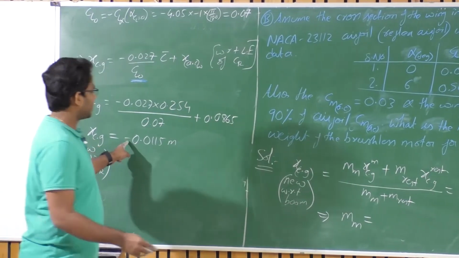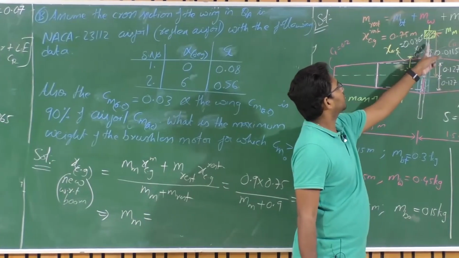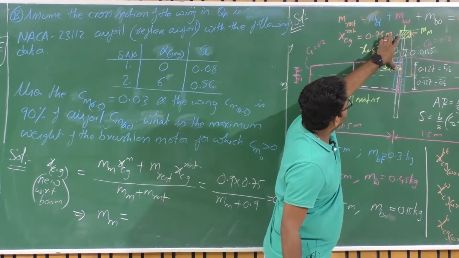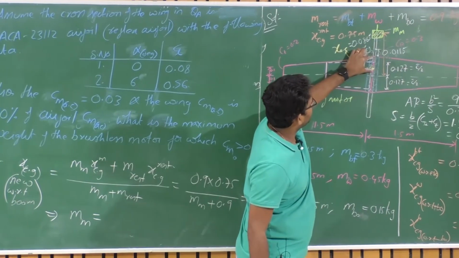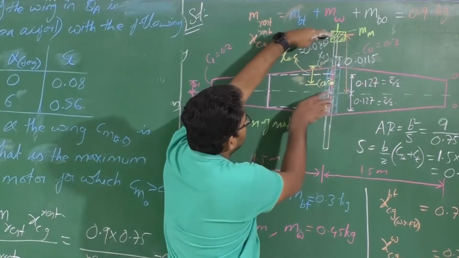Now the minus here indicates that the CG is ahead of the leading edge. With respect to the boom, this location will be length of the boom by 2 minus CR by 2 minus this particular length.